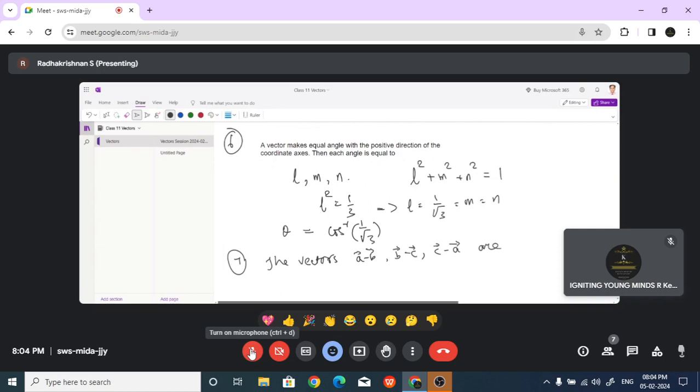Are they parallel to each other? Are they unit vectors? Are they mutually perpendicular vectors? Or are they coplanar vectors? These are the 4 options.